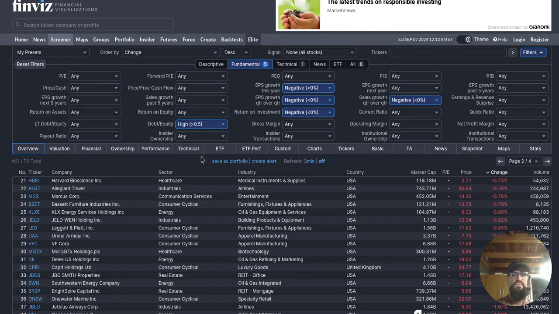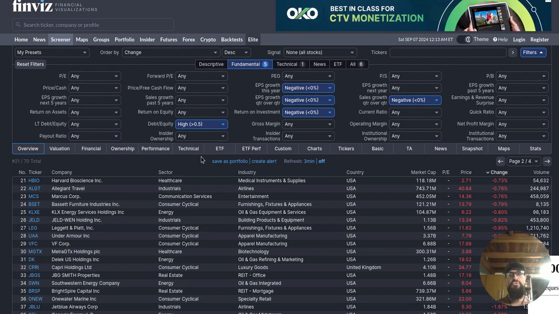So anything which is gold, oil, coal, wheat, sugar, agriculture, their price fluctuates a lot with the price of the underlying commodity. So I would stay away from those. The other thing that I would stay away from is foreign companies, because then you're going to introduce the variable of the currency.